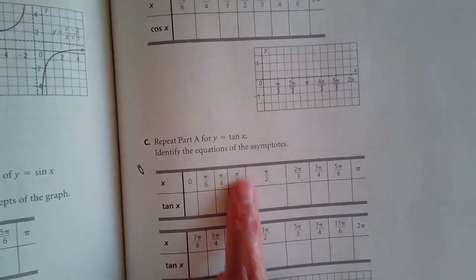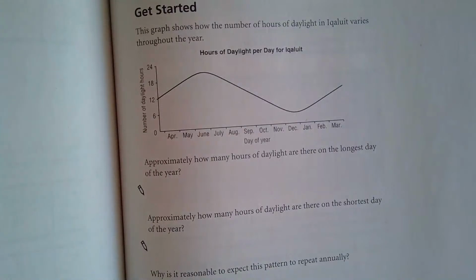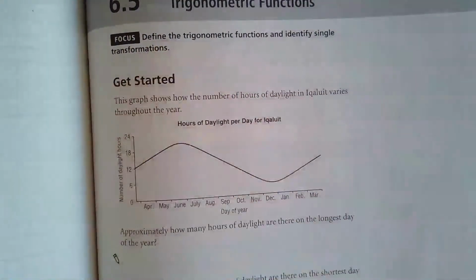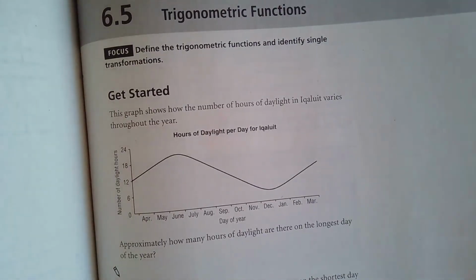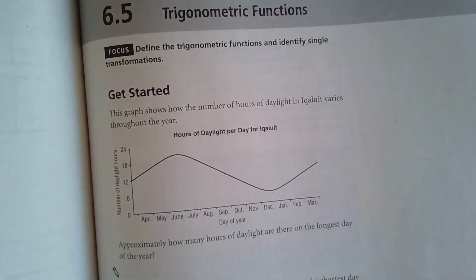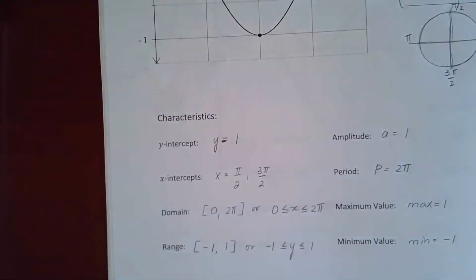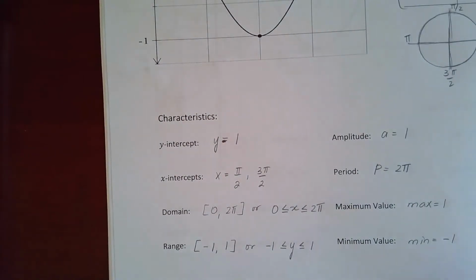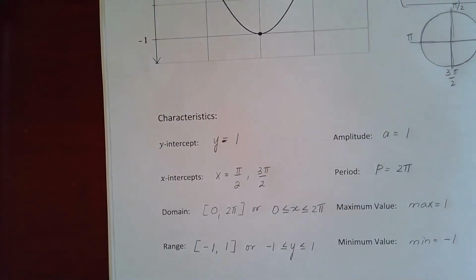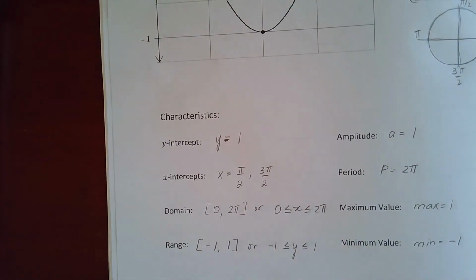We will do the tangent of x later on as well. Just read ahead, or if you want, keep going with reading on 6.5 if you have time right now. This particular unit is super fast, like it's pretty thin, so I'm going to leave that with you to read through if you have time. If you don't have time to do any work, then just focus on getting your test completed, if you haven't finished the test yet.